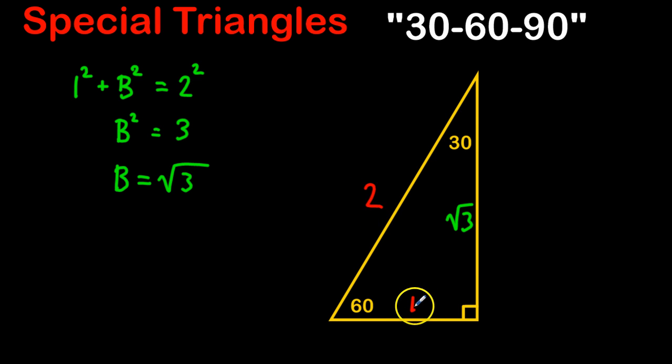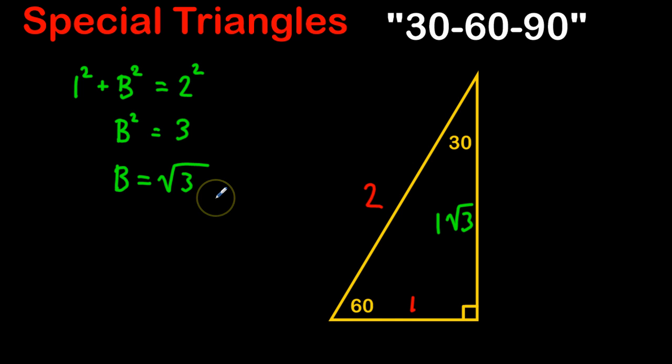Now, whatever the short side is compared to the long leg, the long leg is always root 3 times the short leg. So if this is 1, this is going to be 1 times the square root of 3.